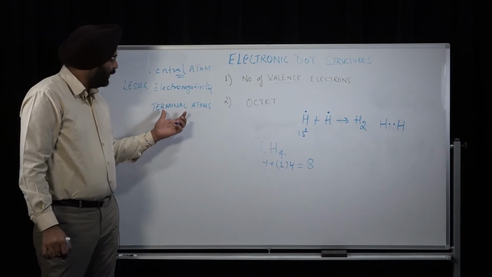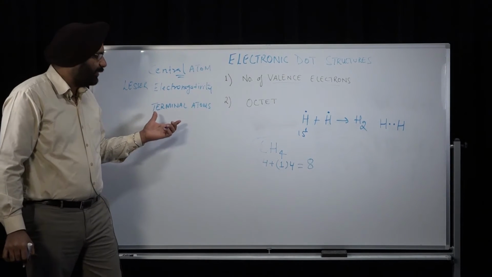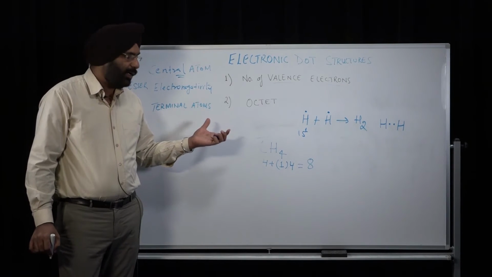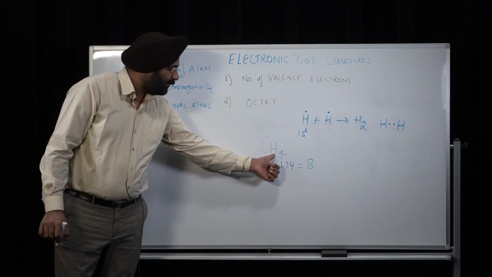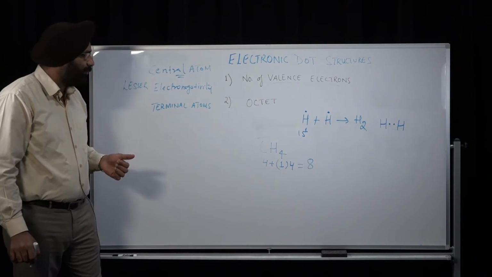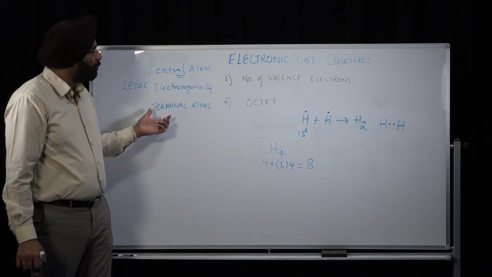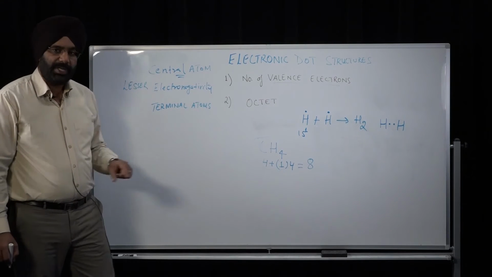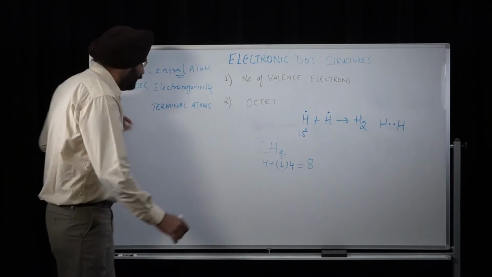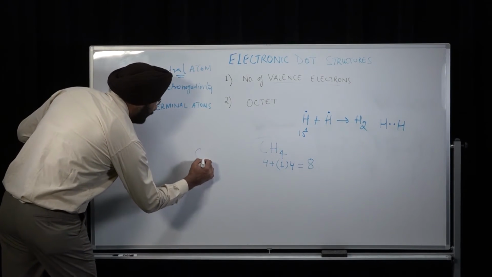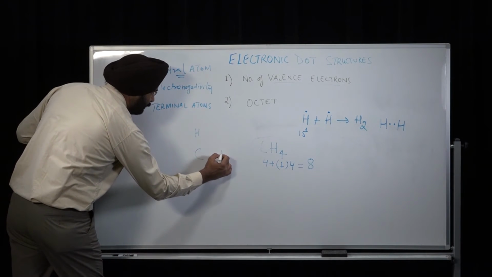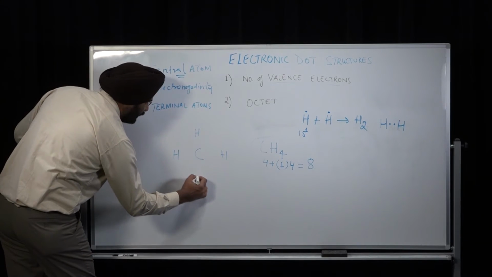That means the terminal atoms are the atoms which are present in more number than the central atom, and they are more electronegative than the central atom. So in case of CH4, carbon is the central atom, whereas hydrogen is the terminal atoms here.